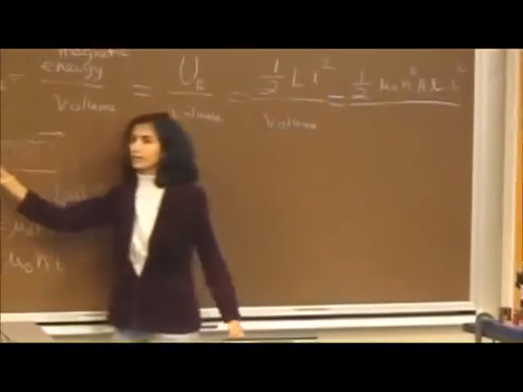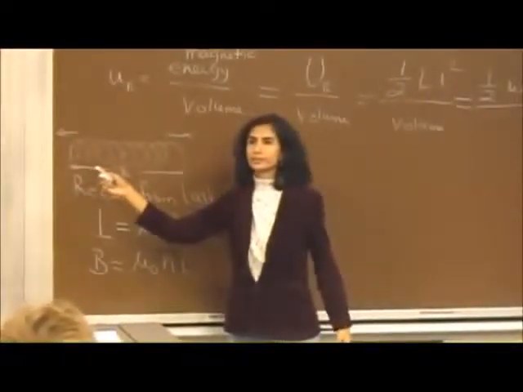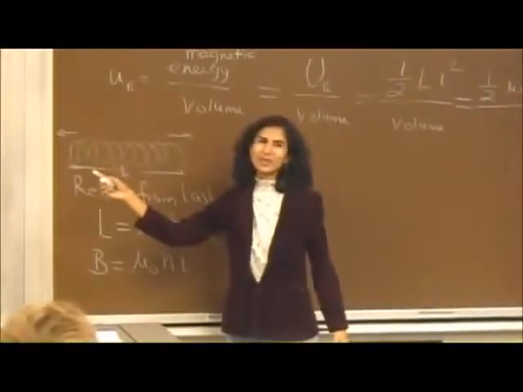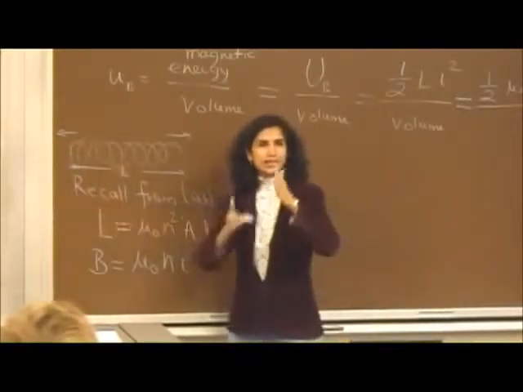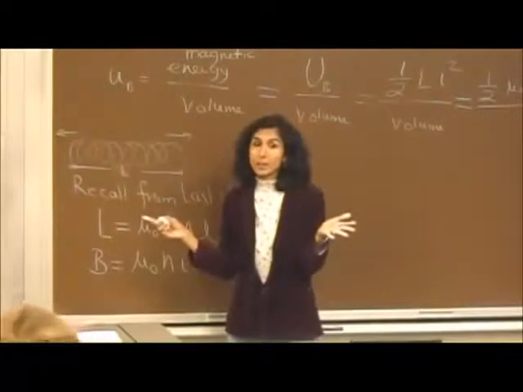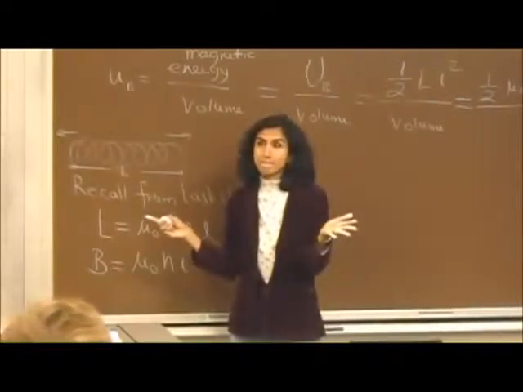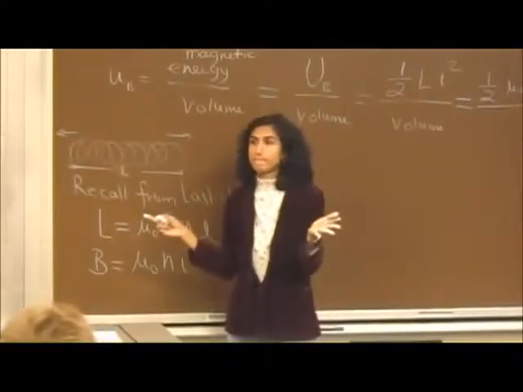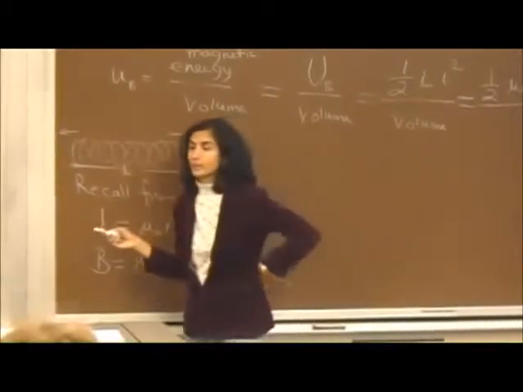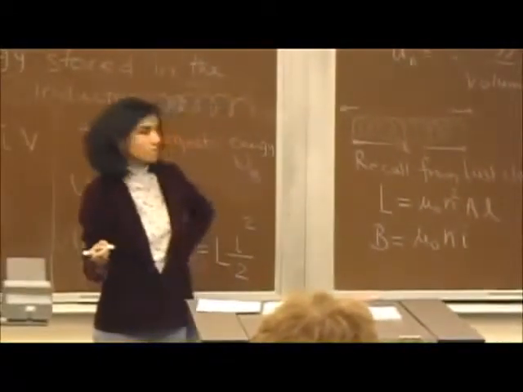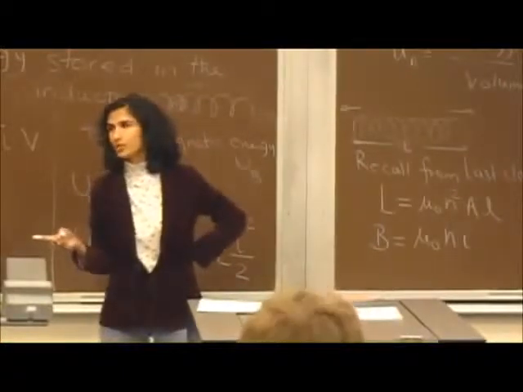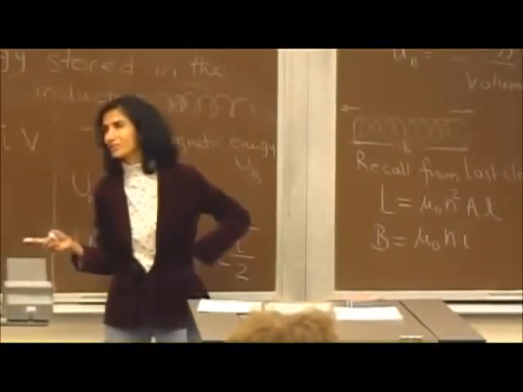What is the volume of this coil, this solenoid? Tell me. If the solenoid has a length l, which is very, very large, and its area of cross section is A, what should it be? Should it be area times what?